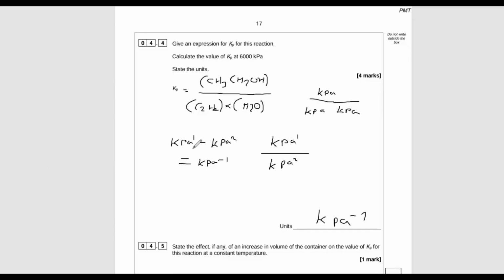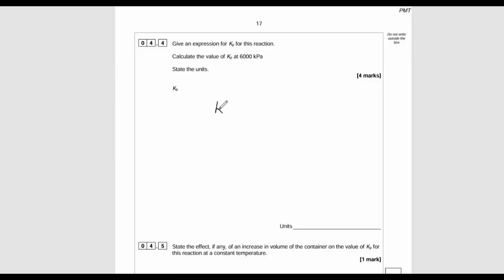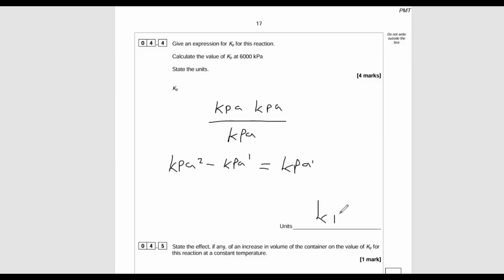let me give you some other examples. Okay, just very, very quickly. Let's imagine you had the situation where you had KPA at the top and just one KPA at the bottom. Well, we would basically have KPA 2 minus KPA 1, and that's going to equal KPA to the 1, which we just write as KPA.